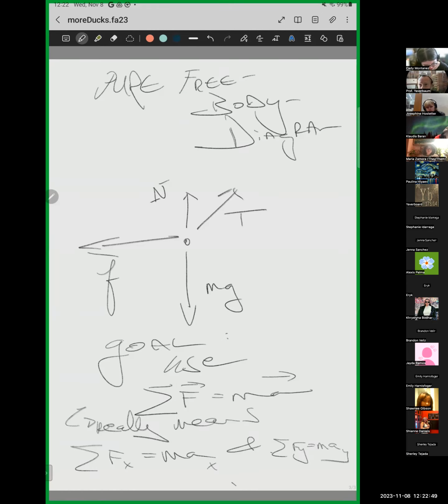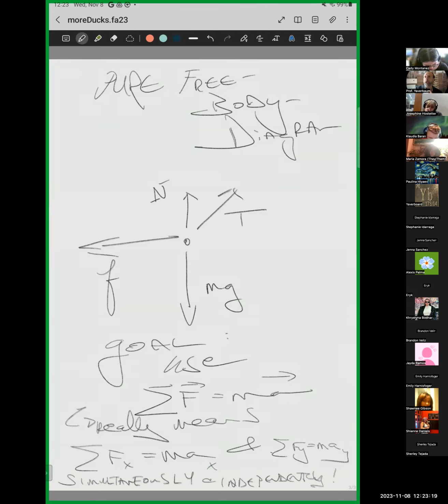It's to say that the sum of all the x-axis forces produces the acceleration along the x-axis, while simultaneously yet independently the sum of all the y forces produces the acceleration along the y-axis. So what that means, and this is where I think we left off, is that as long as we know all the forces acting in each of those axes, we can add them up and proceed.